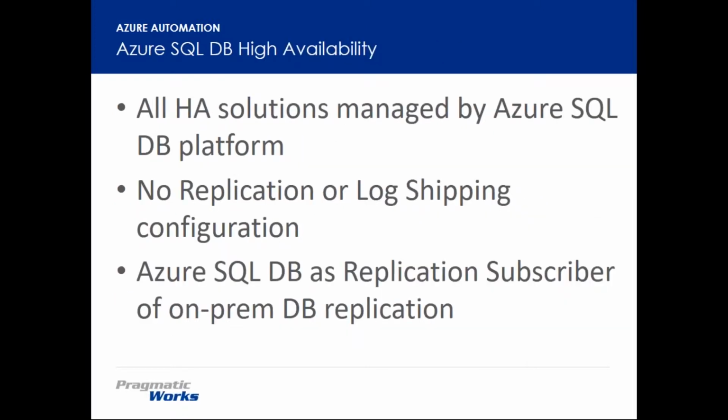So I labeled this slide high availability. This covers everything in today's world of availability groups and the old database mirroring and replication and log shipping. And I've lumped all of those things together because ultimately all of those high availability and business continuity solutions are all managed entirely by the platform.